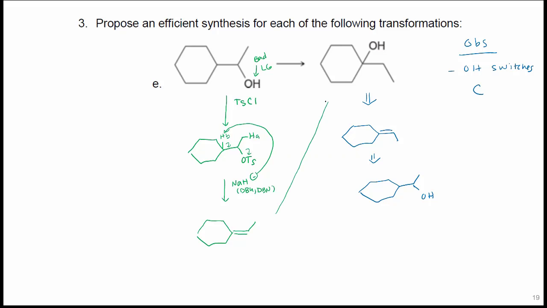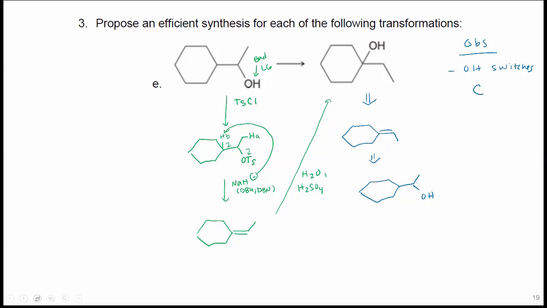And then to get to here, we can just add H2O with H2SO4. And that is one way that we can do it, just because our OH is on the more substituted carbon. That would form a tertiary carbocation, so I don't have to worry about rearrangements.